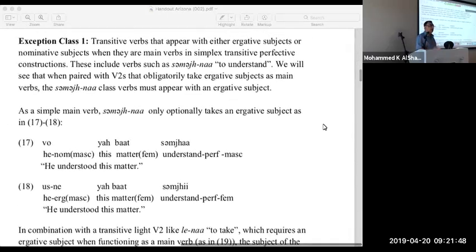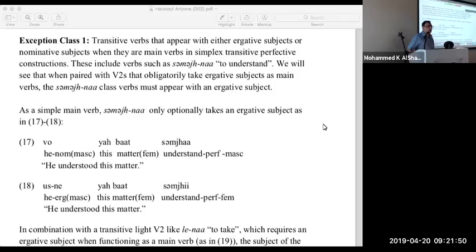The evidence I have here seems to point towards a conclusion that in light verb constructions, it's the light verb. I've already said that, but now you get real arguments for it by looking at the exceptions.